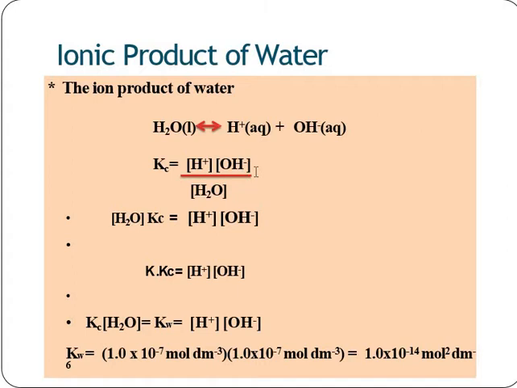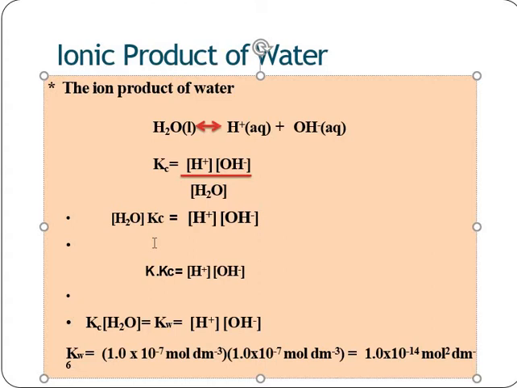ions divided by H2O. We can also write the concentration of H2O into Kc is equal to the concentration of H plus ions and the concentration of OH minus ions. But we know water is always taken in large excess whenever we prepare a solution.